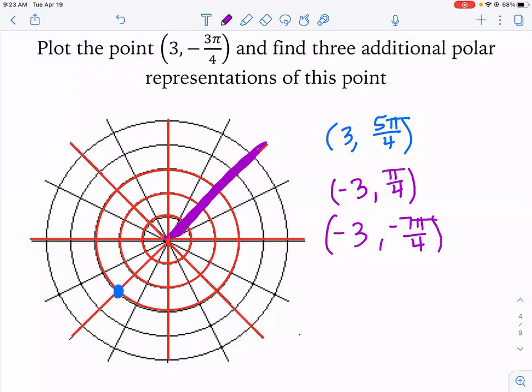Okay, are you okay with why it's negative? No, okay. So I'm going to a different angle. I'm going to my first quadrant. And instead of moving forward on that angle, I'm moving backwards to the 3rd quadrant. So my direction is negative because r is a directed distance. Okay.